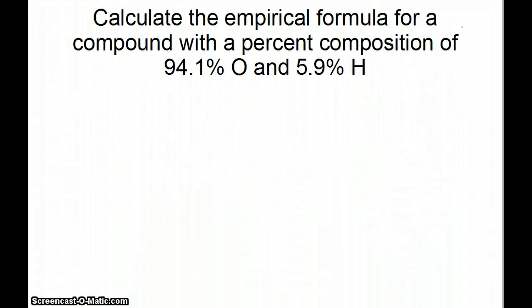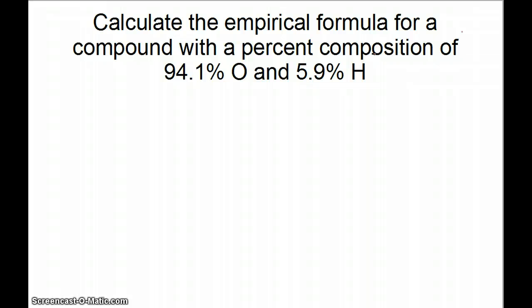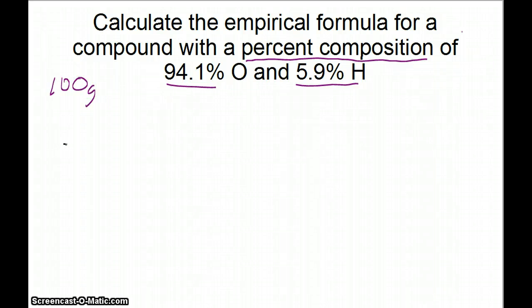Okay, so here's our first question. Calculate the empirical formula for a compound with a percent composition of 94.1% oxygen and 5.9% hydrogen. Here we have something that we learned last section of this unit, which was percent composition. The way to go about solving these is to assume that we have 100 grams of whatever compound this is.